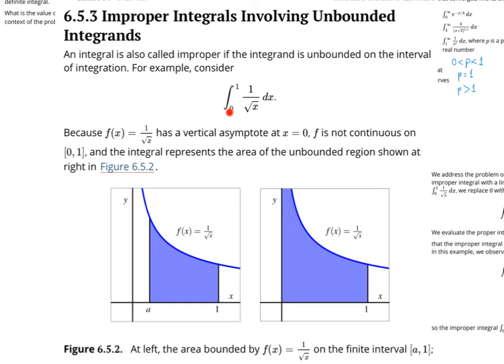So we need to just back away from 0 a little bit. In other words, for this picture, our lower limit of integration is going to have to be some letter a. We'll call it a. And we want to let a, after we've calculated the integral with a as our lower limit, approach 0 so that we get to a situation that's more like this picture.